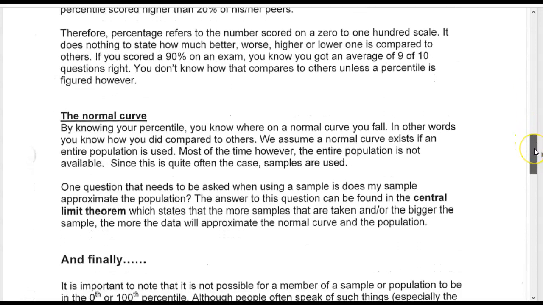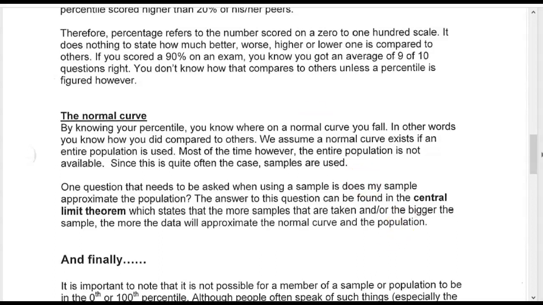When it comes to percentile, there is a normal curve. Not always, but quite often, where an equal number of people are below average and above average. When you're talking about sales or academic performance, it's often put into a normal curve so that you can compare people to each other to see how above average or below average you are.